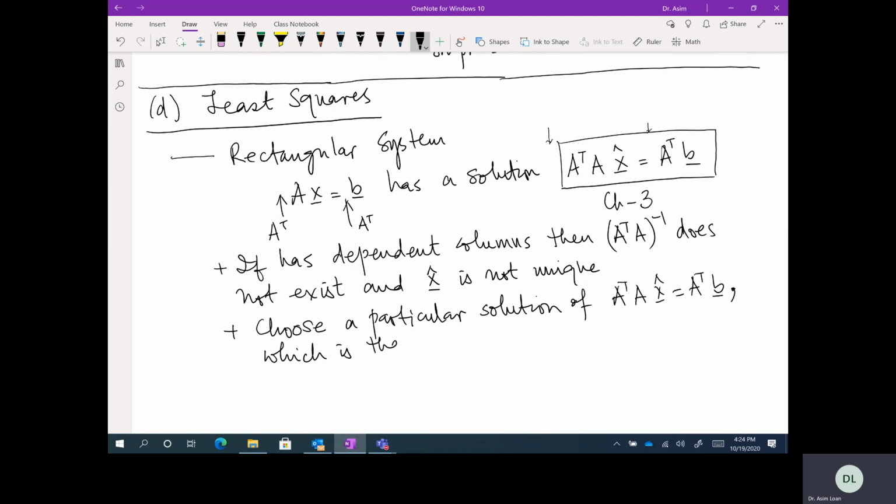So this is the perpendicular error from the vector B onto the column space of A, which is the shortest.